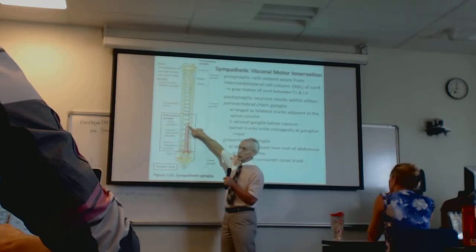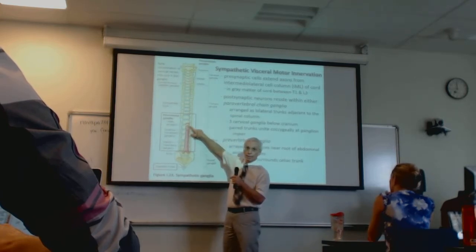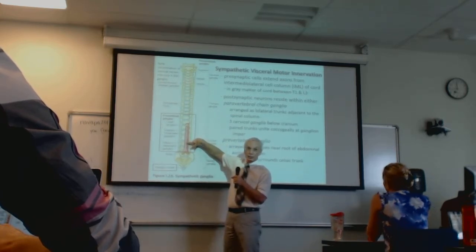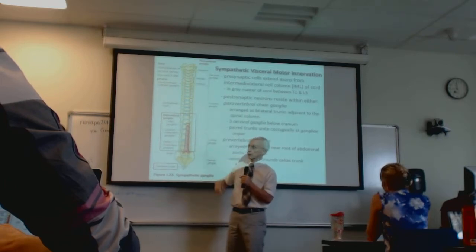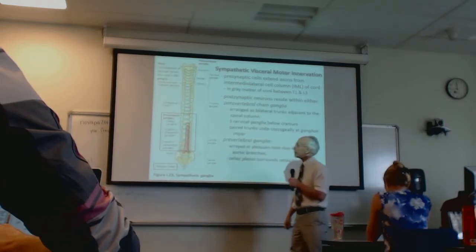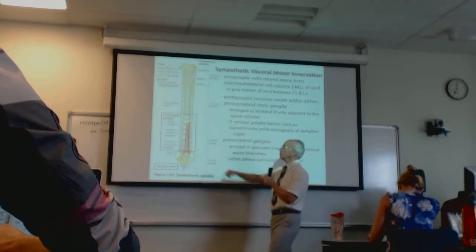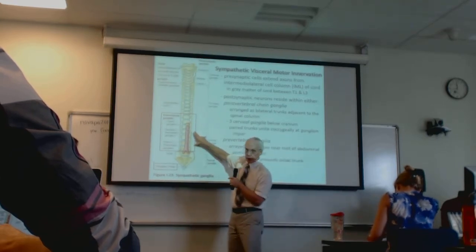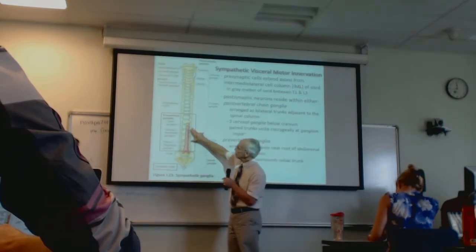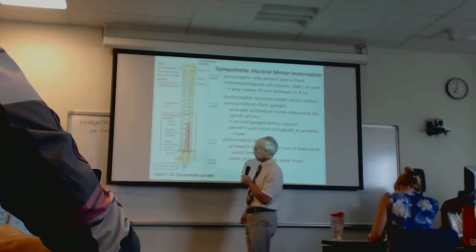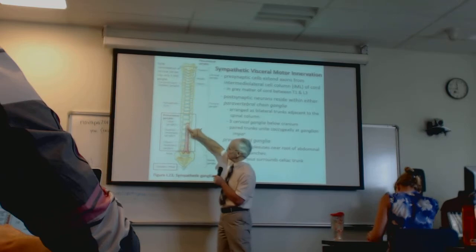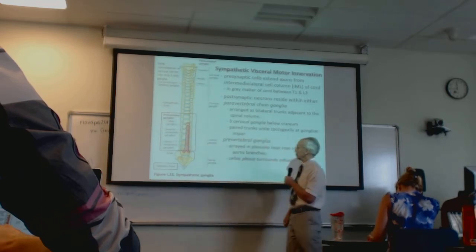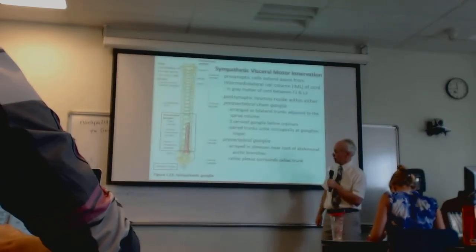Actually, there is a reason. Why do we call these prevertebral? What does pre mean anatomically? In front of the vertebra. So for now, I want you to know that the sympathetic nervous system involves the sympathetic trunk and the paravertebral ganglia, I'm sorry, the prevertebral ganglia, the three of these, and we'll talk about the anatomy a little later.